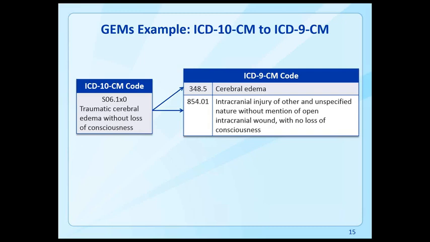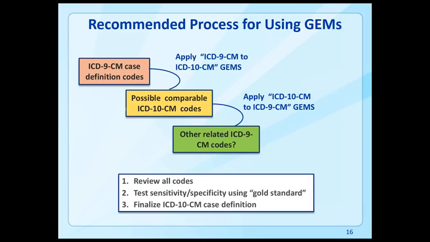There would be 2 equivalent codes in ICD-9-CM, one for cerebral edema and one for intracranial injury without a mention of intracranial wound and with no loss of consciousness. So the ICD-10-CM makes it possible to code traumatic cerebral edema in a way that was not possible in ICD-9-CM because cerebral edema, the 348.5 code, was not an injury code.